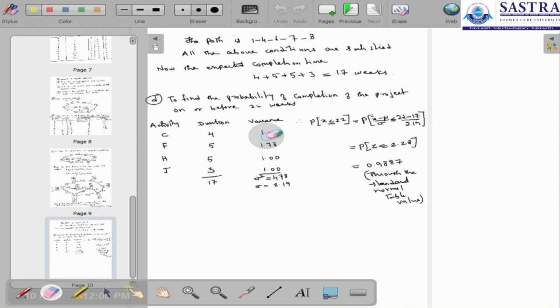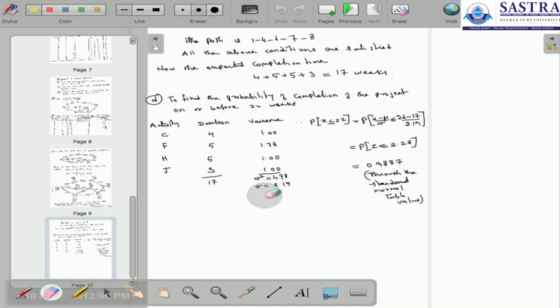So this is 1 and this is 1.78, this is 1 and this is 1, and this is the sum of all these durations and variances. Here the duration is 17, and the variance is sigma square. Through the variance we can calculate the standard deviation, which is 2.19.